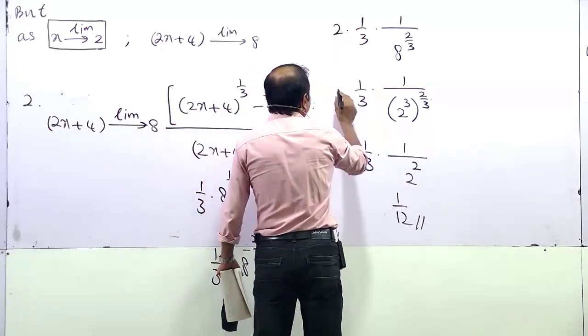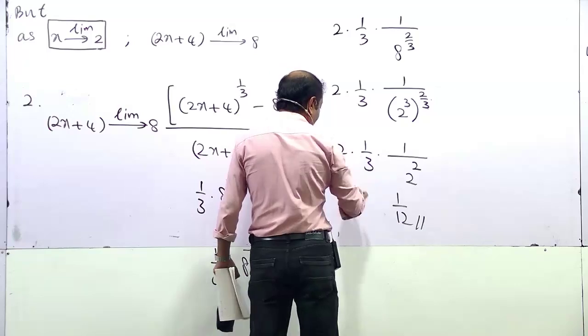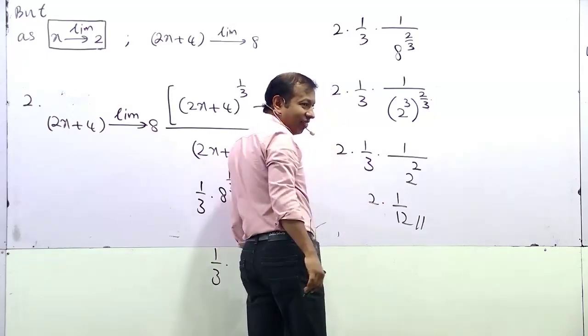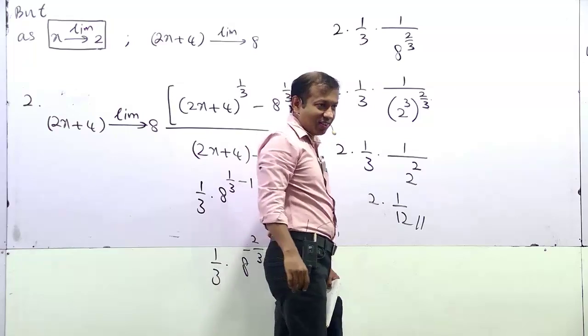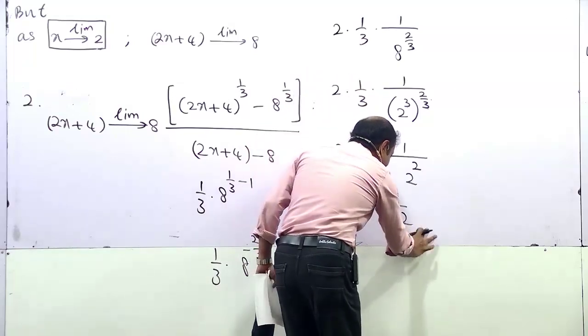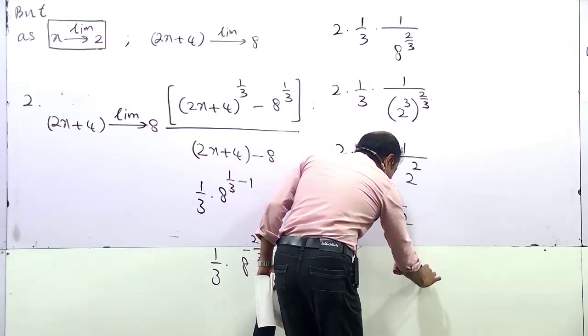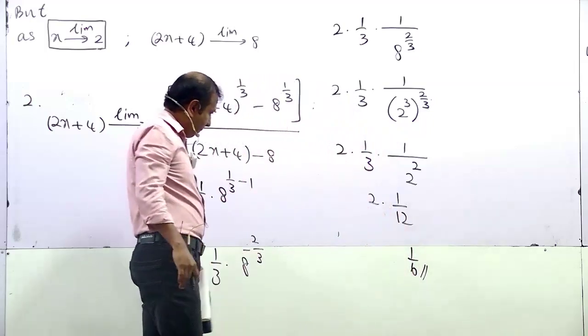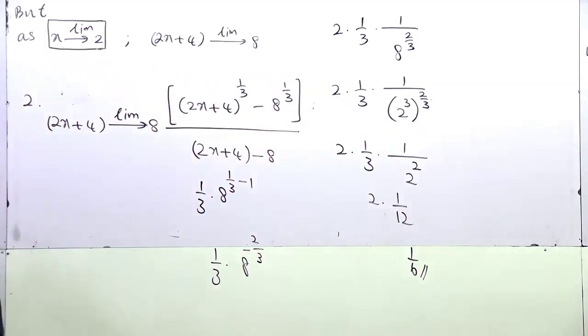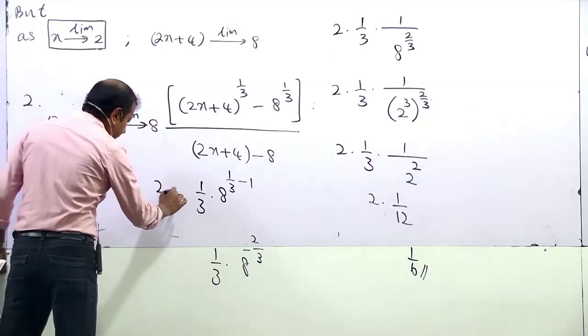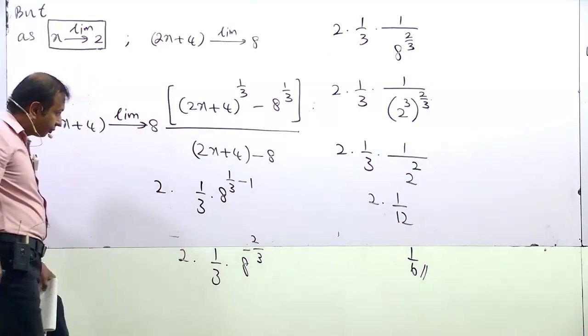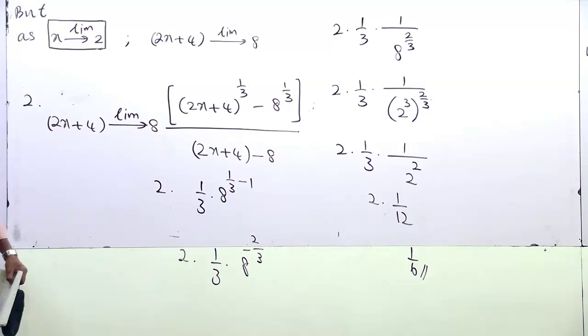Once you miss that, you will get 1 upon 6. That 2 should also be here, no? Right.